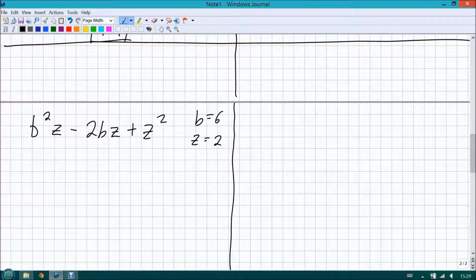Now, once again, I would love to do some combining of like terms. And we notice, hey, there's a b and a z here. Oh, look, there's also a b and a z here. But we still can't combine them. Now, why do you think that is?